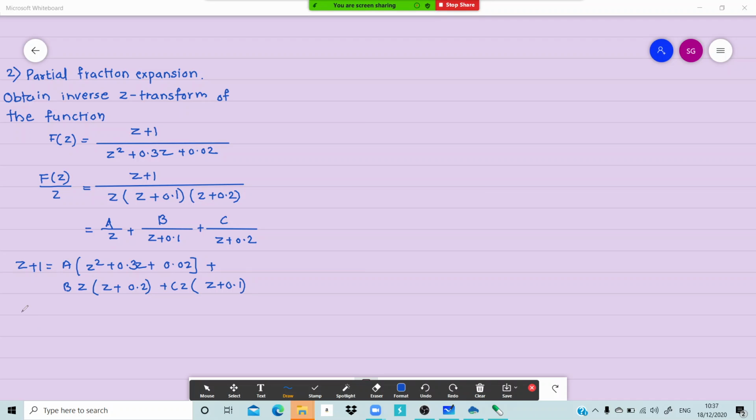Clear, right? So you'll write z plus 1 is equal to, first write the square terms, so a plus b plus c inside the bracket z square.